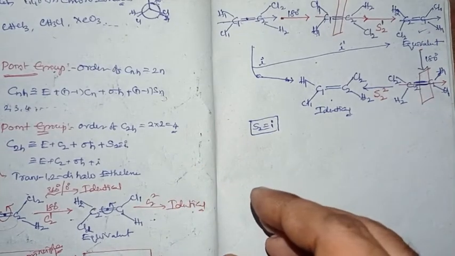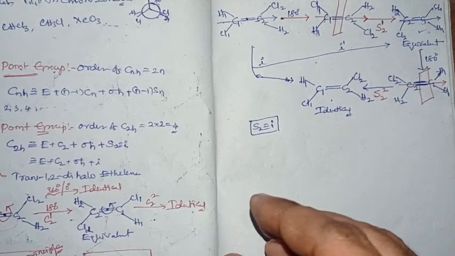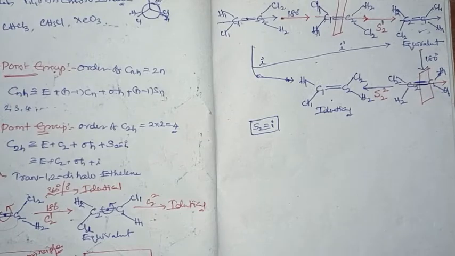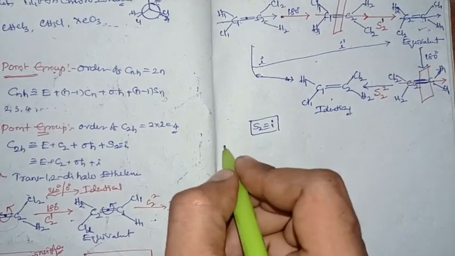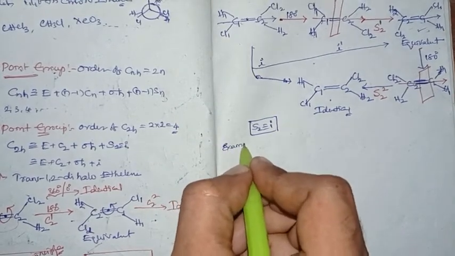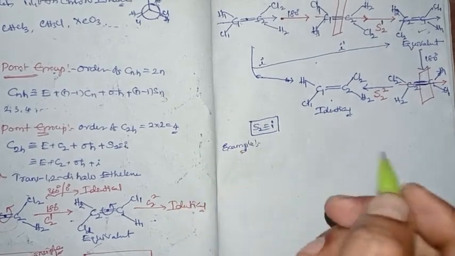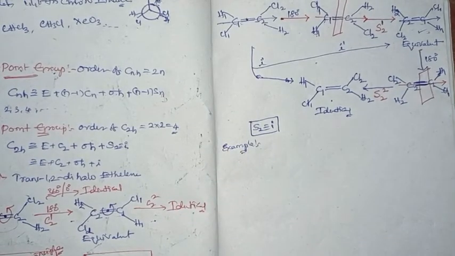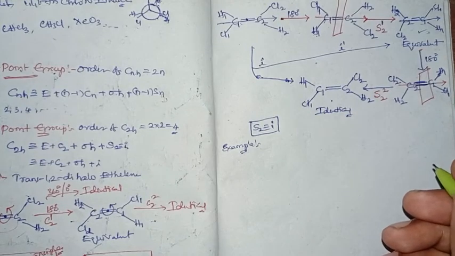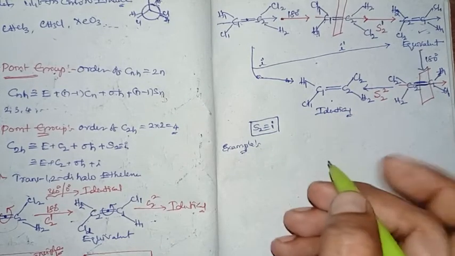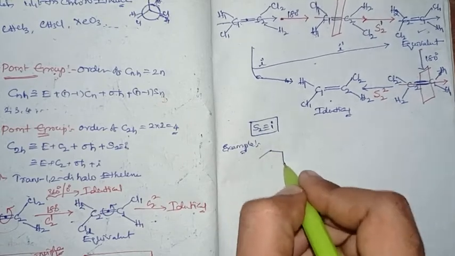So here we have multiple examples which have the C2h point group. I will give you the examples. If you are interested, you can try the C2h point group in those examples.